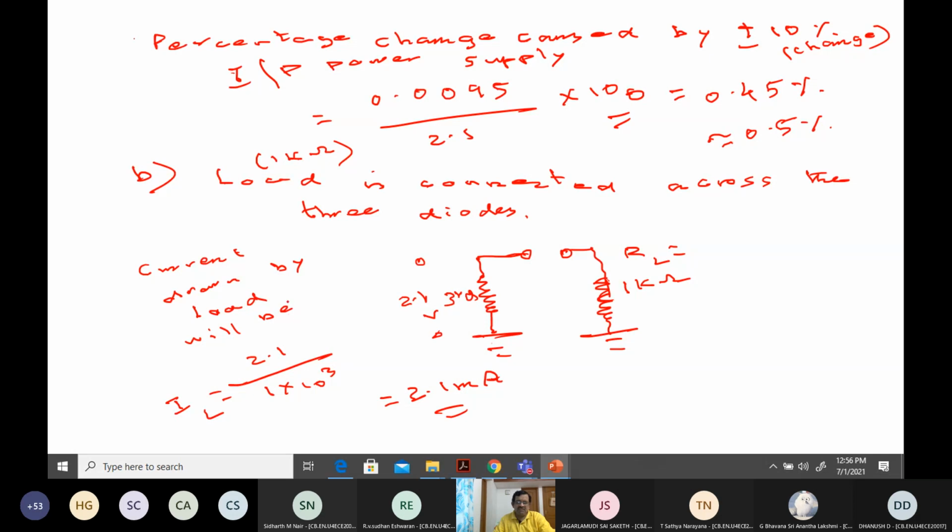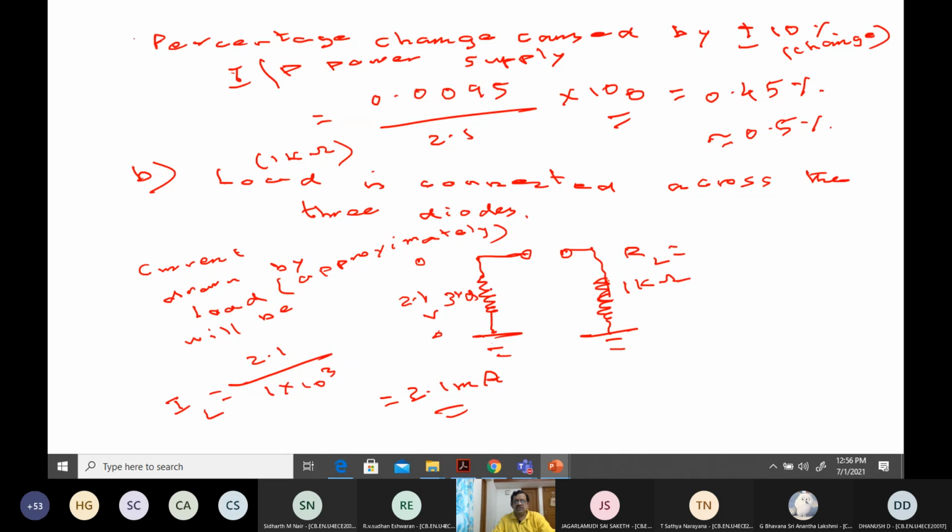So as a first approximation, the current drawn by the load, I will use the word approximately here to make the point clear, will be 2.1 divided by 1 into 10 power 3, 2.1 milliampere.